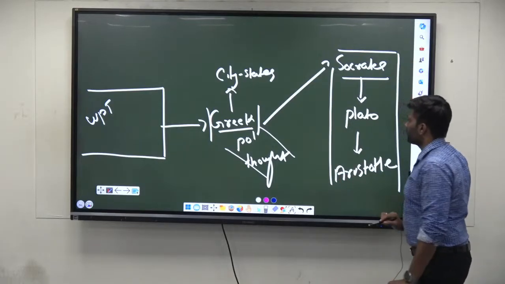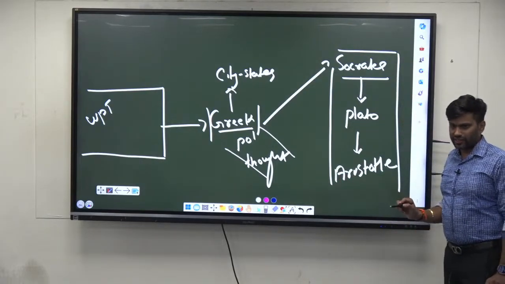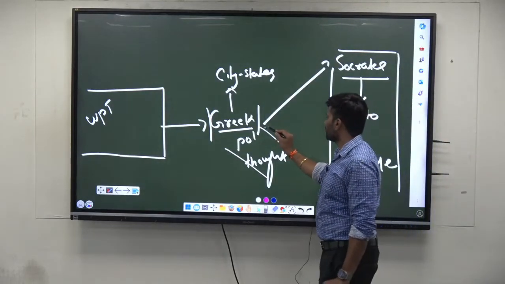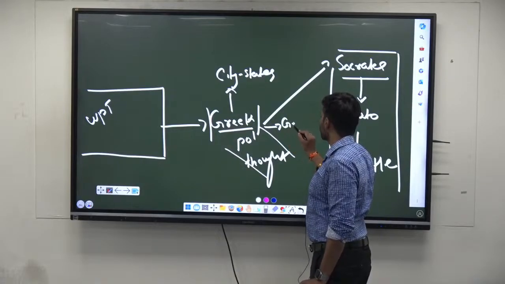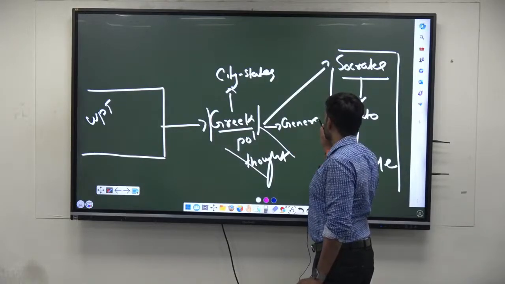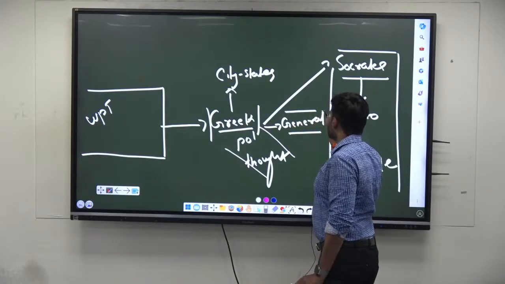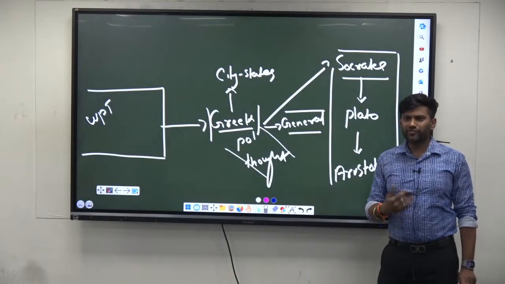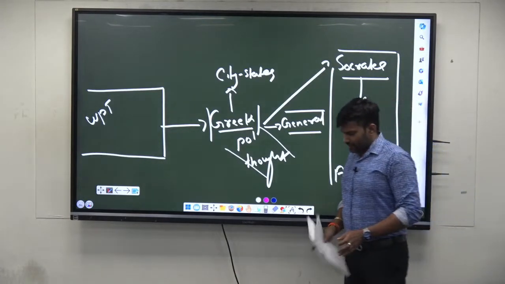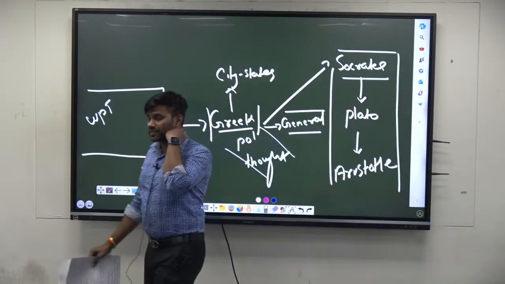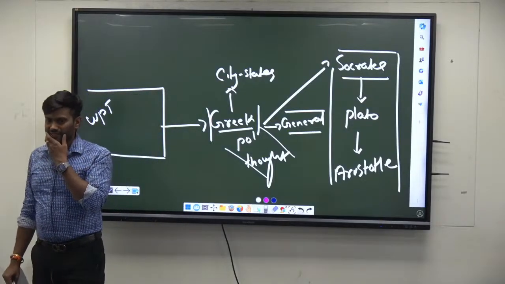But even before we go into these three, you have to know a general understanding of the Greek political thought, meaning its features. So when we say general characteristics or features, what do we mean by that?